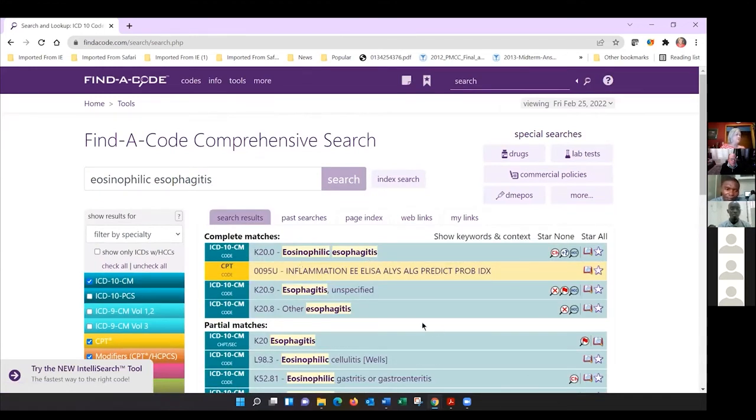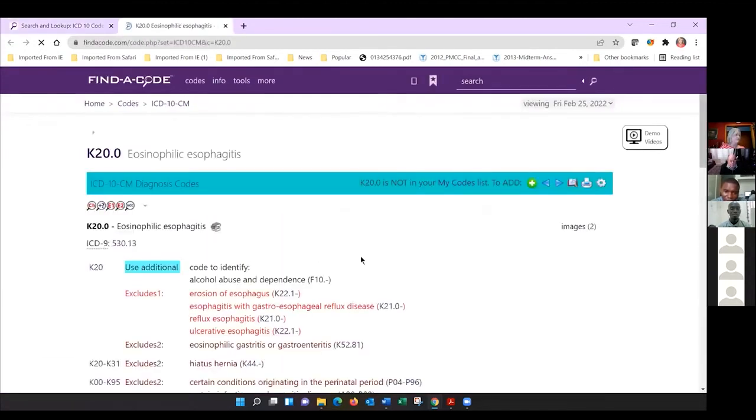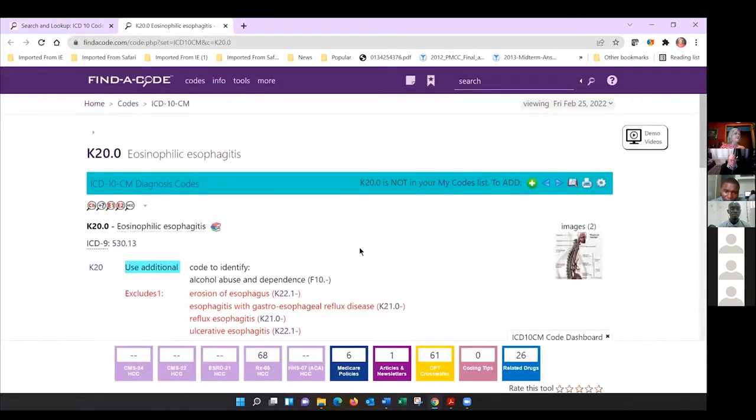Well, it came up first right here, but I can't stop there. I'm not going to stop just because this tells me exactly what I typed in. I'm not going to learn anything if I stop there. So I'm going to open it up and look. And I see right here, eosinophilic esophagitis. That's probably my code.